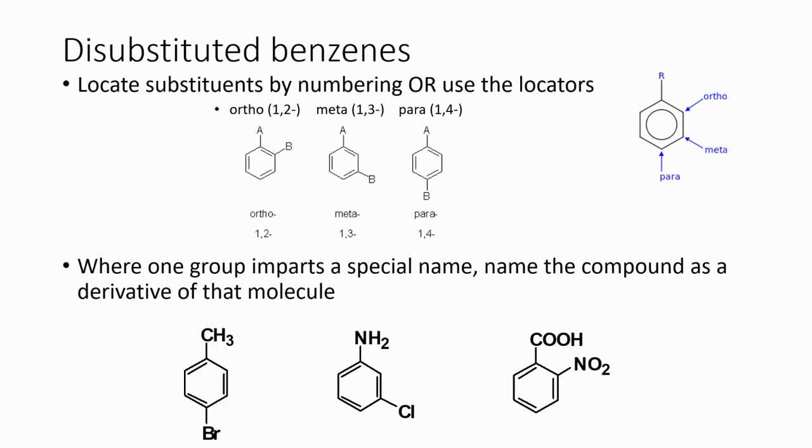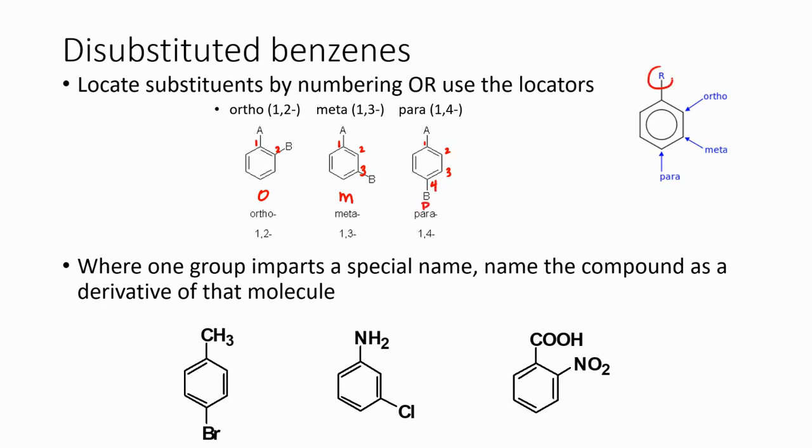So we might run across a lot of disubstituted benzenes where there's 2 groups on the benzene ring. We can number them like 1,2, or they're sometimes given names. Like the 1,2 is sometimes called O or ortho, the 1,3, M or meta, and the 1,4, P or para.